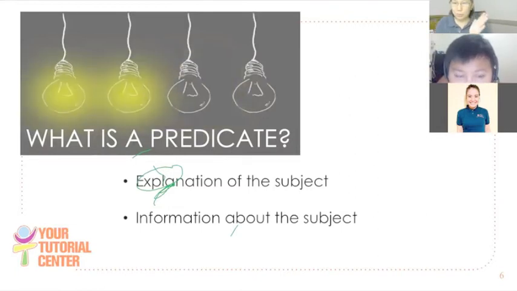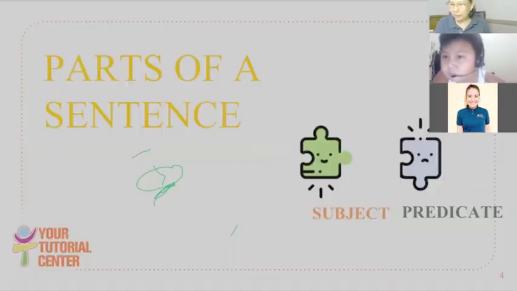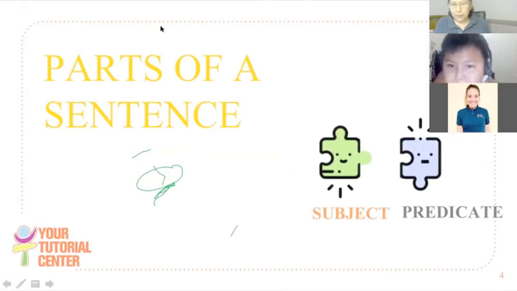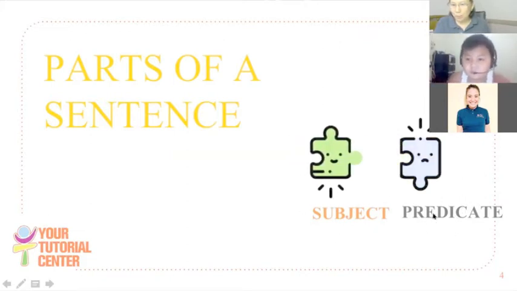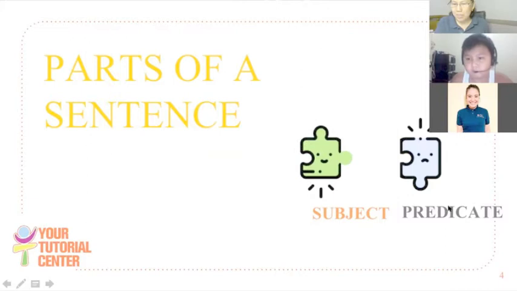You put the subject followed by the predicate. So it becomes like this: your subject is explained by your predicate. This is what you're talking about, and the explanation or information given about your subject is found in the predicate.